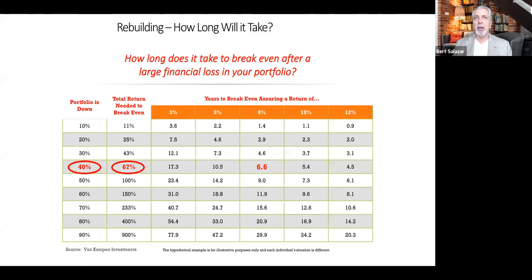Now, what if in the market you had that 40% loss and then you're trying to recover? Obviously, the market is not going to increase by 67% or 100%, so it may start to recover, in this case, let's say 8% per year. Well, it's going to take you 6.6 years, almost 7 years to recover from the market crash. And that would be if you're not taking any money, most of the time, because remember, those of us that were employed in 2008, 2009, the market had a tendency to recover a lot quicker.